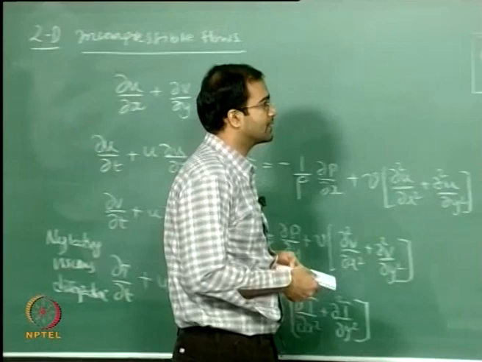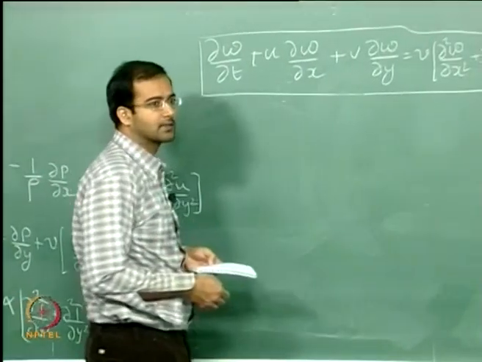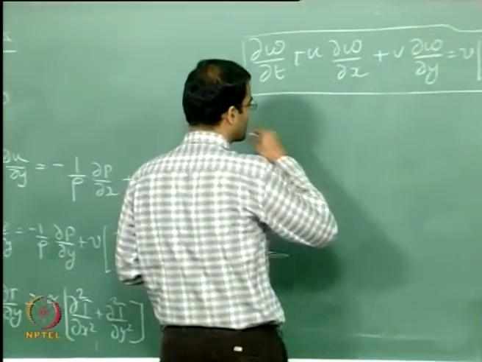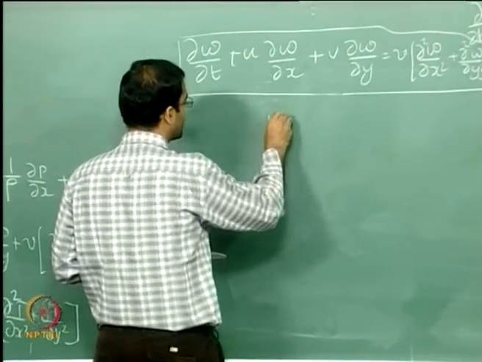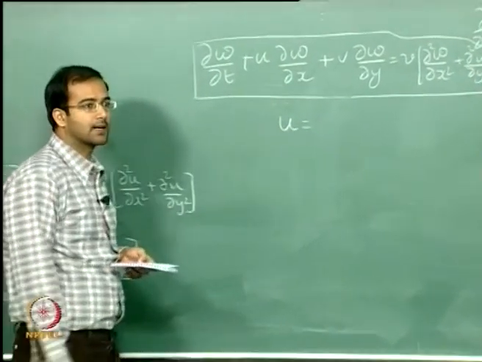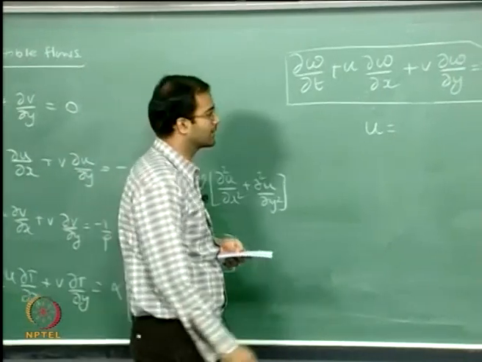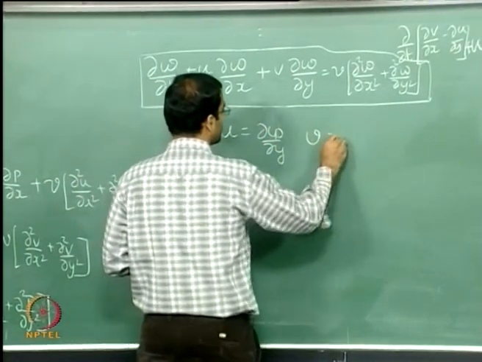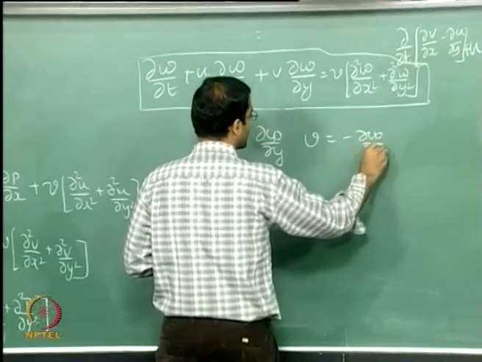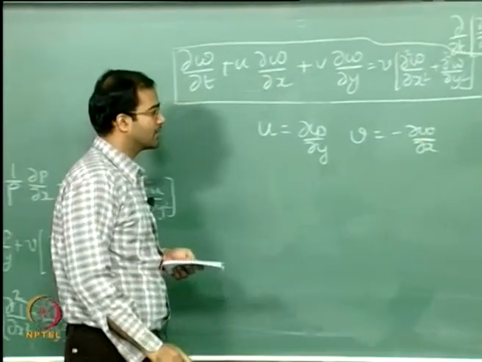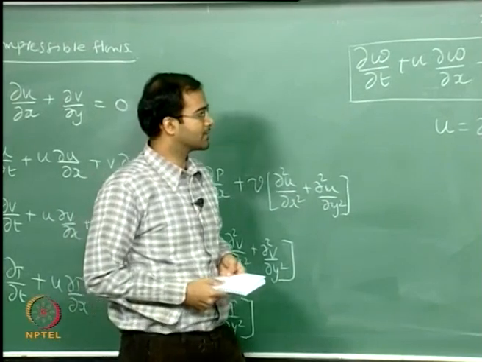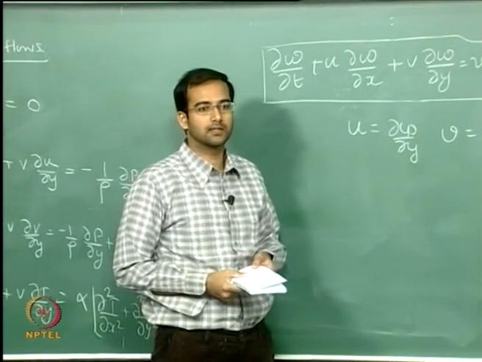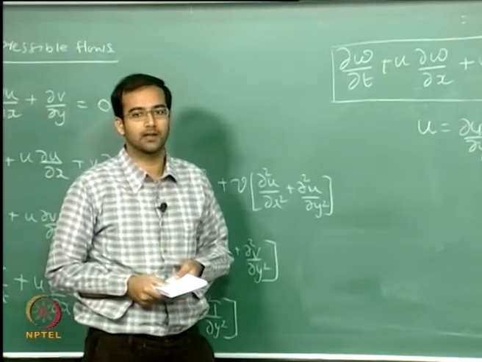So therefore what is that function which does it? That's the stream function, okay. So from the stream function you can calculate your velocities. For example, u is related to your stream function as d psi by dy, and v is minus d psi by dx. So naturally you can see that du by dx plus dv by dy will be 0.